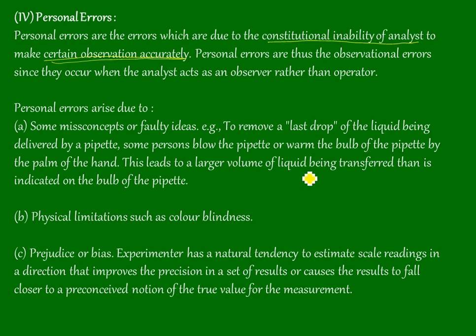That means if an analyst is not able to make observations accurately, for example, he is not able to recognize the difference in colors, or he is not able to see proper readings, so he is having a constitutional inability.